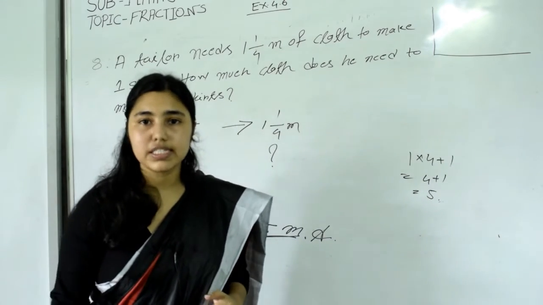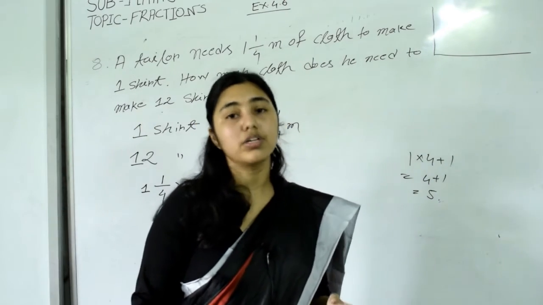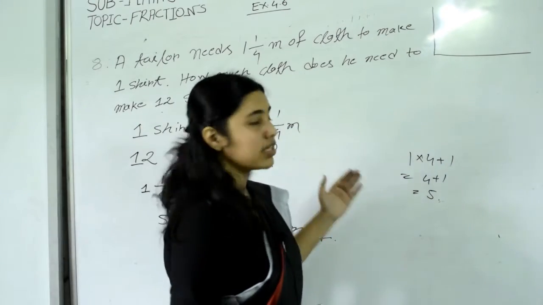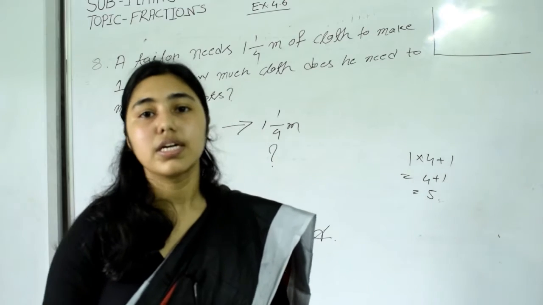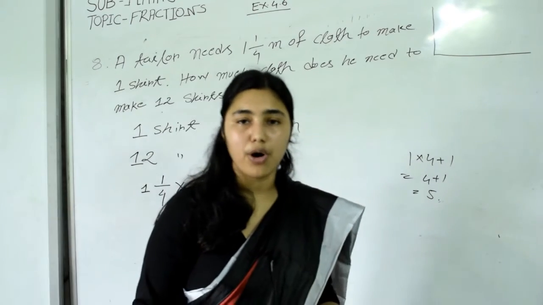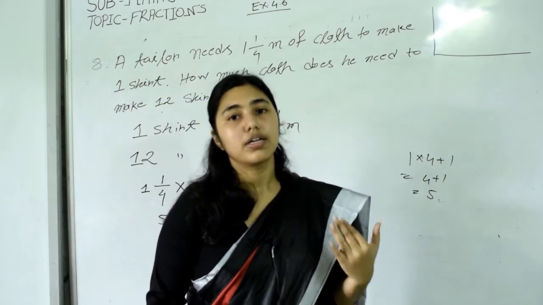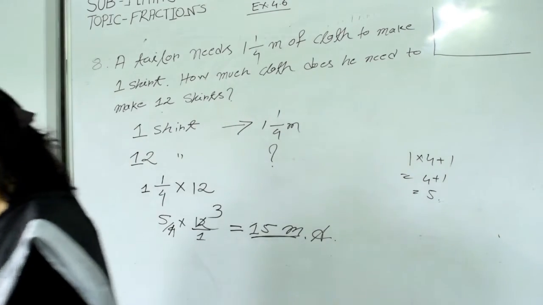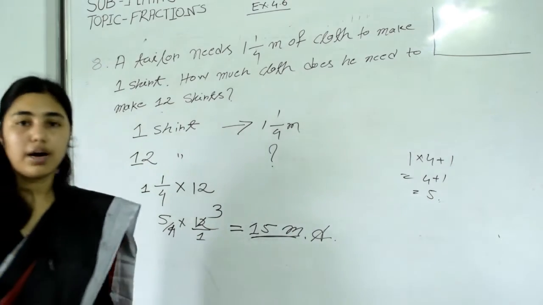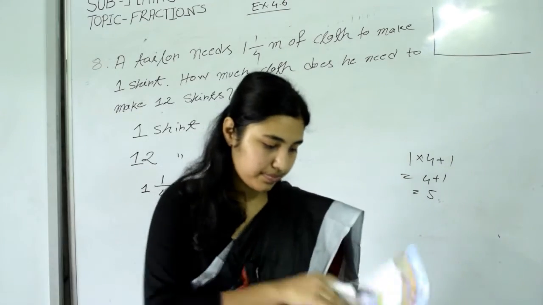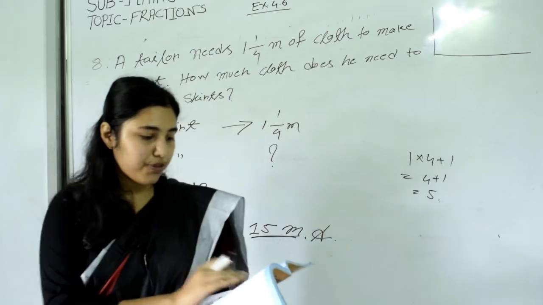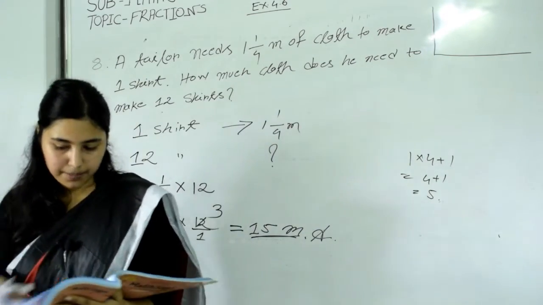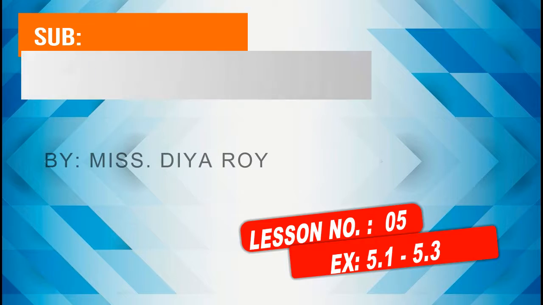Now in our next chapter we will learn about decimals, which is nothing but an extension of this chapter, because decimals are another form of representing fractions or fractional values. So come to your next chapter, decimals, chapter 5, page number 80.